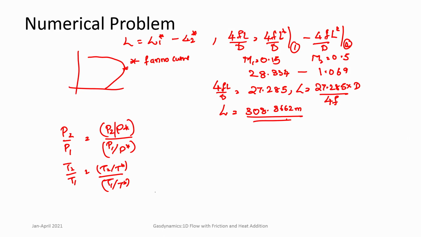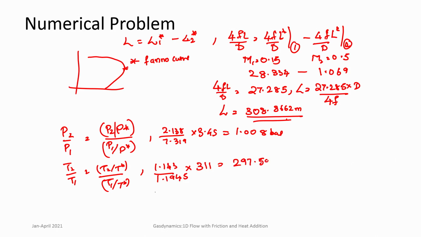So from here if you substitute the values you can get P by P star at 2 is 2.138 by 7.319 multiplied by 3.45, this is 1.00868 bar and temperature is 1.143 by 1.1945 multiplied by 311, which is 297.59 Kelvin.